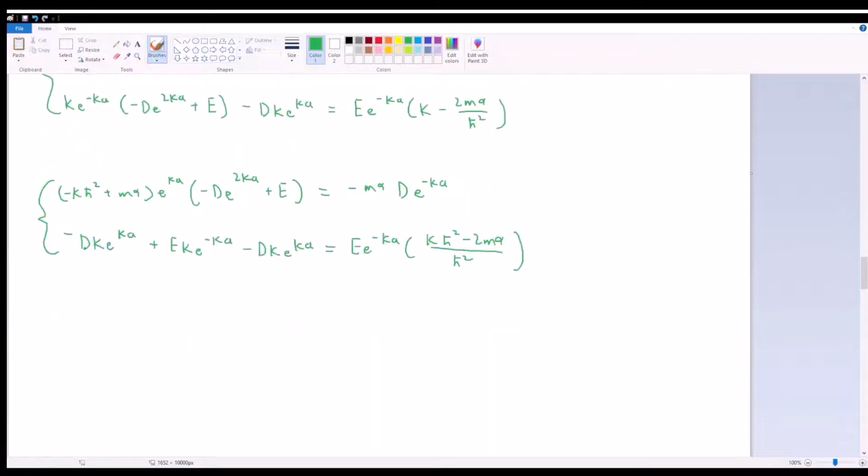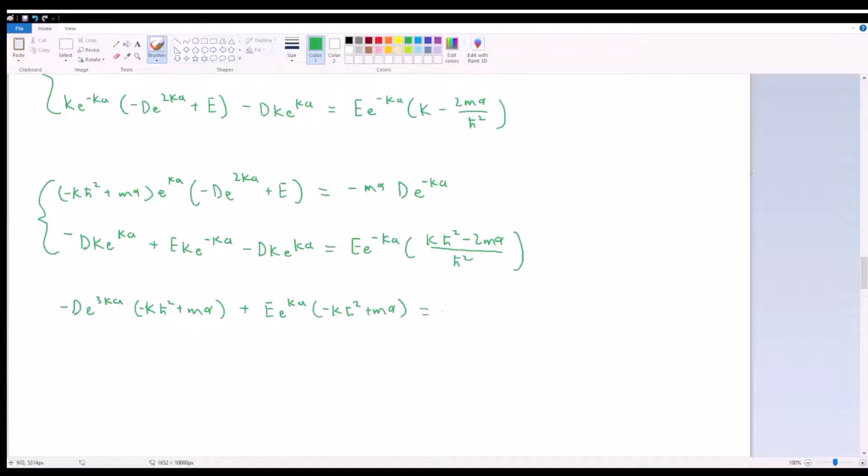Now let's fully distribute this out. So this is going to give us negative D e^(3ka). Is that correct? Yes. Negative D e^(3ka) times negative k h bar squared plus m alpha. And then plus E times e^(ka) times negative k h bar squared plus m alpha.